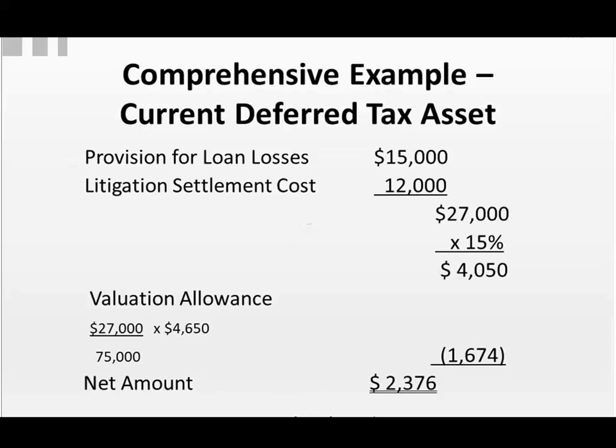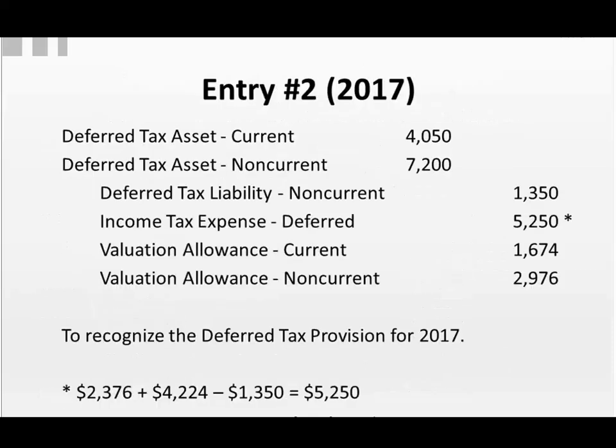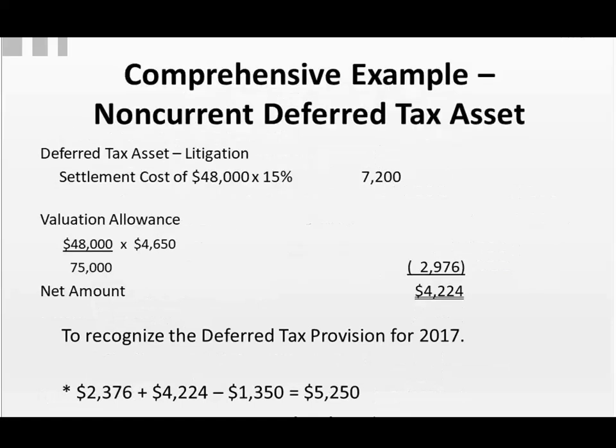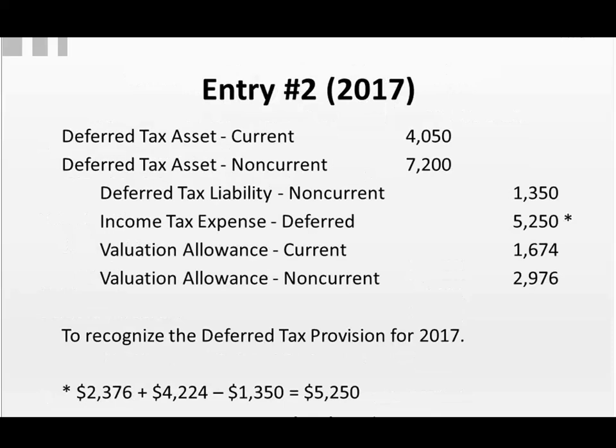And the non-current was 4,224. 7,200 less 2,976 is 4,224, the non-current deferred tax asset. Minus the deferred tax liability gives me 5,250. Everybody with me there? And that's the journal entry I'd have to make to be complete and in accordance with FASB 109. All right? Now, that's fine and dandy.